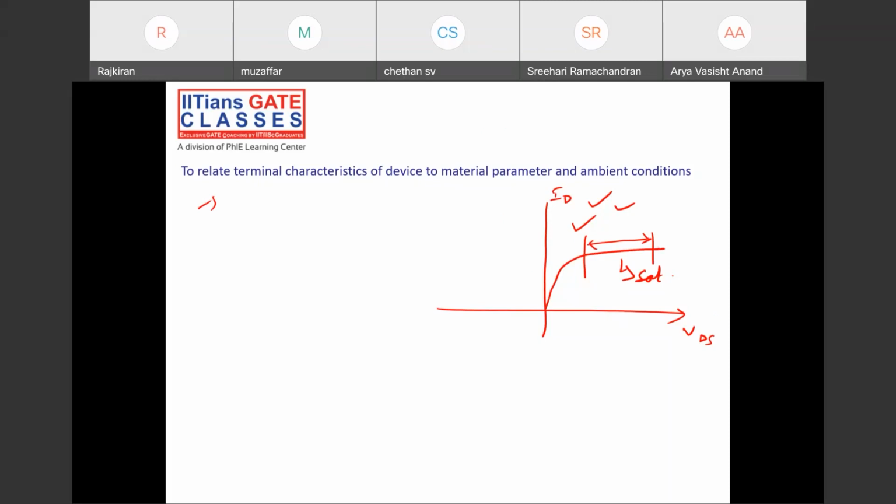Okay, so you take this statement, you understand. In the coming class, let me know why, when my ID-VD characteristic is like this, it will act as an amplifier. This is a homework question for you. Note it down and let me know in the next class. Why should the MOSFET be in saturation to act as an amplifier? Is the question clear?